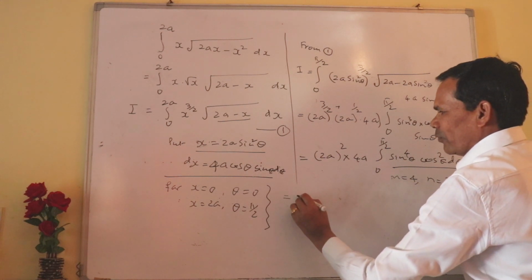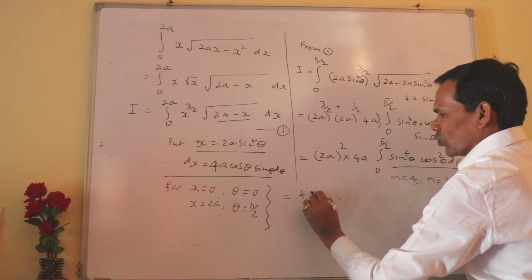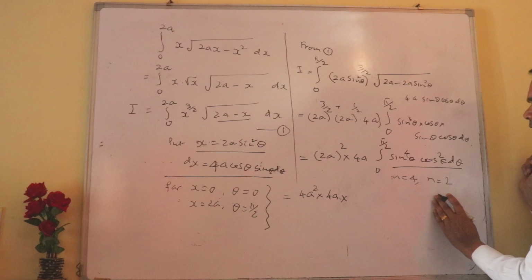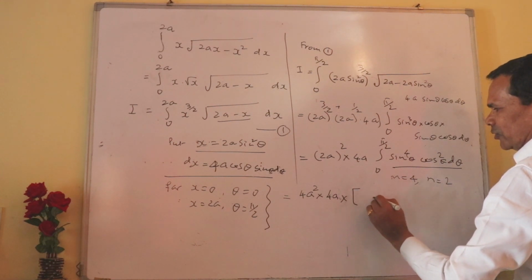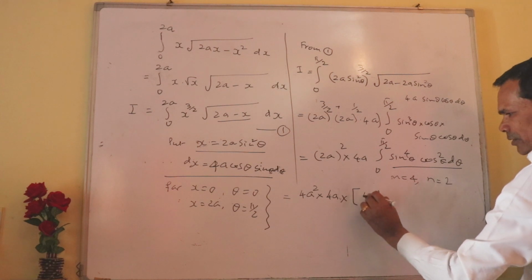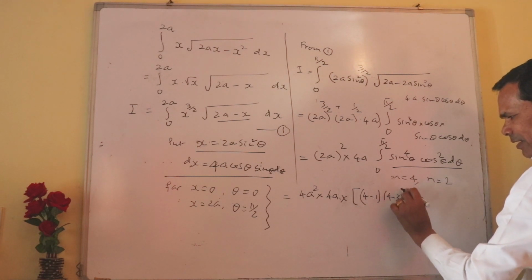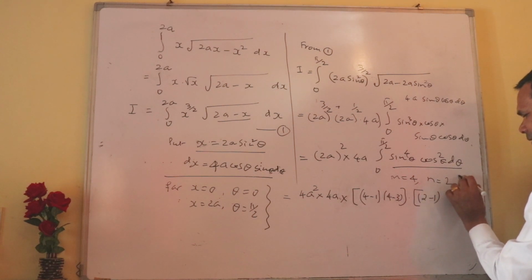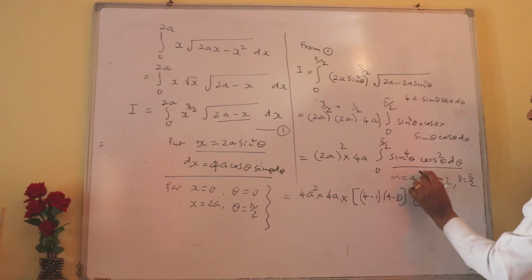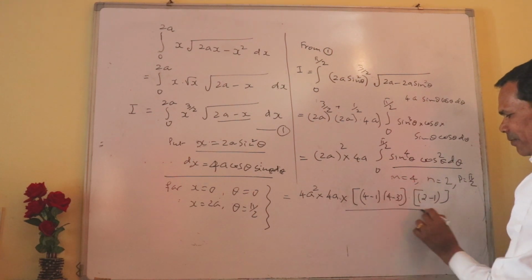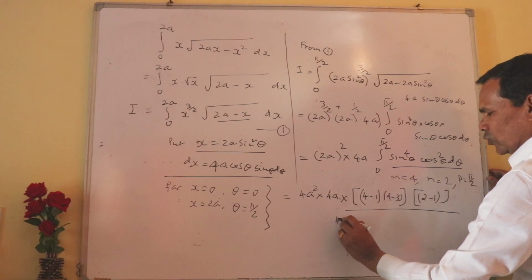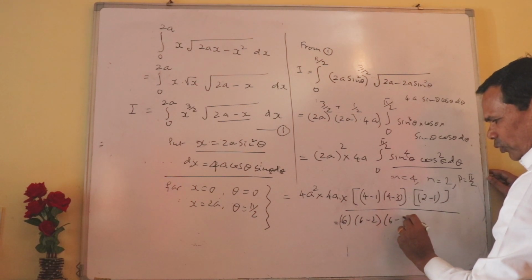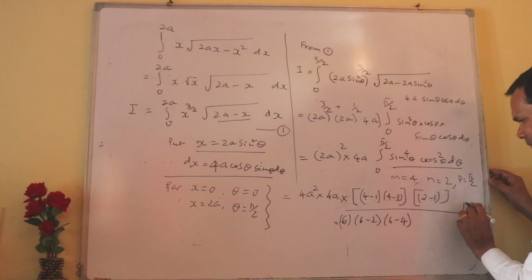So I apply the reduction formula, and this would be 4a square multiplied by 4a multiplied by, now here we apply the reduction formula for the first bracket. It is 4 minus 1, 4 minus 3, and next bracket it is 2 minus 1, and value of p is naturally pi by 2 because both are even positive integers, and divided by 4 plus 2 means 6, 6 minus 2, 6 minus 4, multiplied by pi by 2.